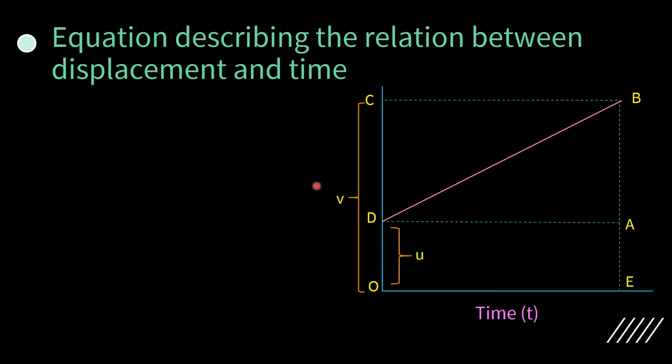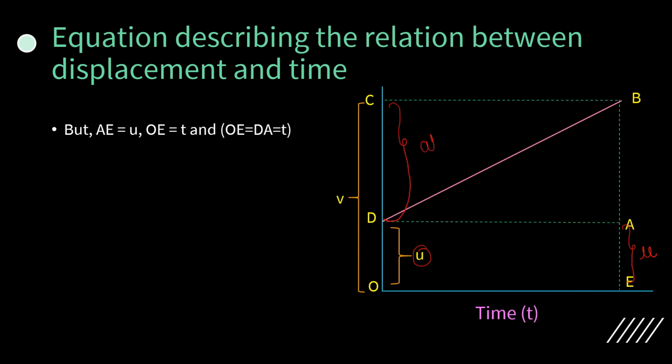Before calculating the area, let us give values for all these sides, children. We know OD is equal to U. OD and AE are both the same, so the value of AE will also be equal to U. We derived in equation number 1 that the value of CD is AT, and we also know CD is equal to BA.